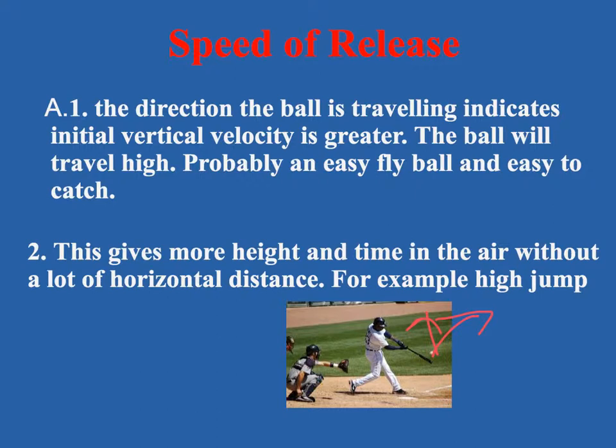That means you're wanting to go higher rather than like that, rather than like this. That's the horizontal, more horizontal. So you will more likely want to have a lot of vertical velocity when you're doing high jump, in gymnastics when you're tumbling, and that type of thing.